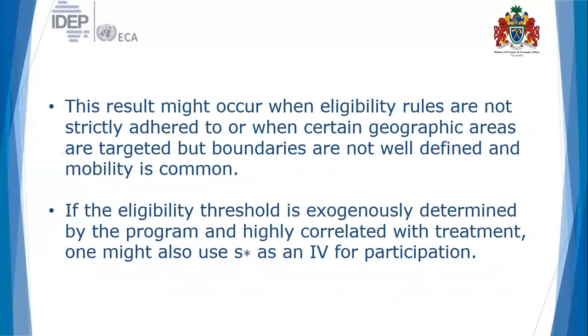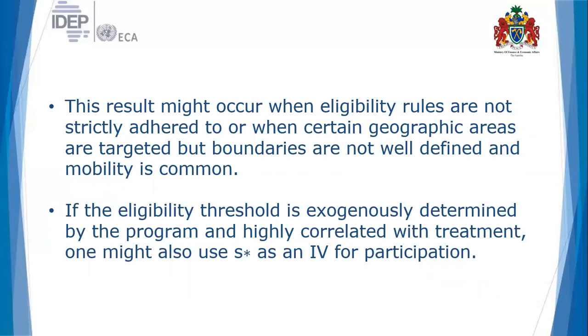This result might occur when eligibility rules are not strictly adhered to, or when certain geographic areas are targeted, but boundaries are not well defined, and mobility of individuals is common between the two groups, such that the boundaries are maybe not so strictly enforced.